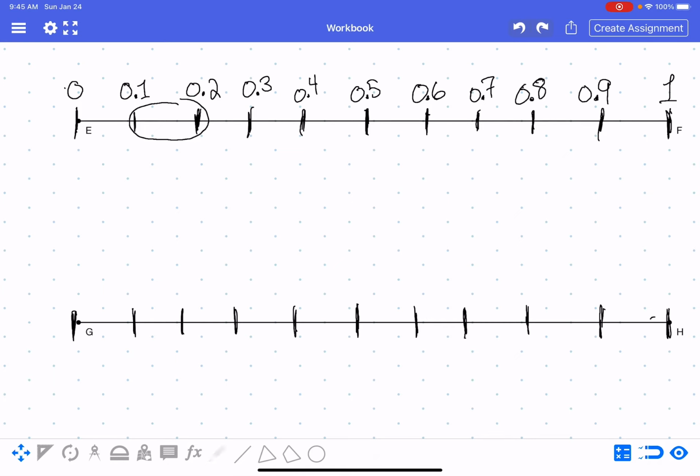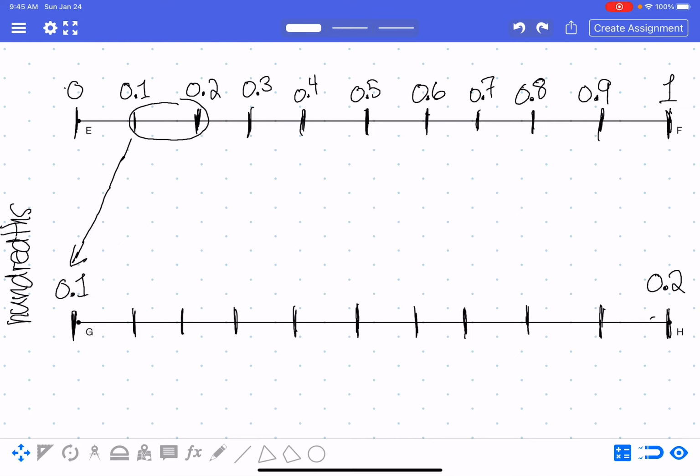What we're going to find when we zoom in are hundredths. It starts off with me writing each of the numbers on the side. Here is 0.1, here is 0.2. So here are my tenths. To help you visually, I'm going to put those arrows back.